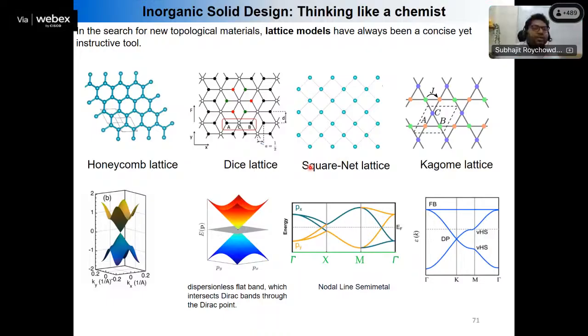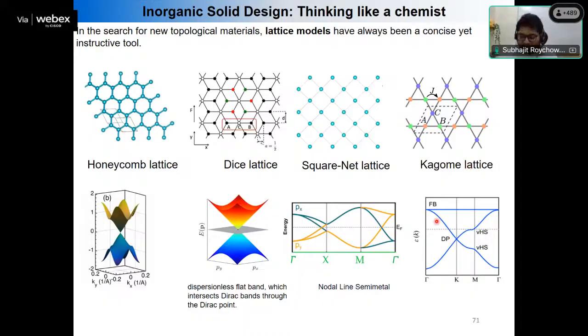Now the question is how to design a material for anomalous Hall conductivity or anomalous Nernst. For this, we can depend on lattice models. The most famous one is the honeycomb lattice. It shows a Dirac point between the valence band and conduction band. There are several other lattices like the dice lattice or square net lattice, but one of the most important is the Kagome lattice.